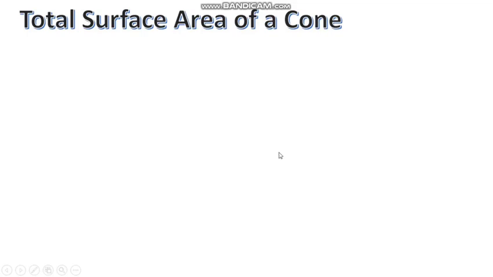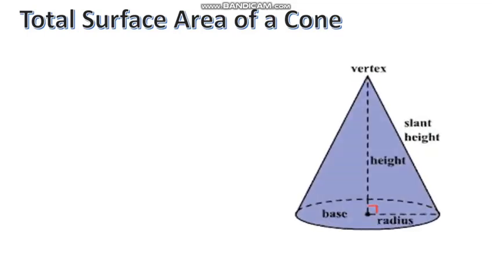So let us now look at how we can find the total surface area of a cone. So here we have the slant height, we have the perpendicular height right here, we have the radius and the base and the vertex.